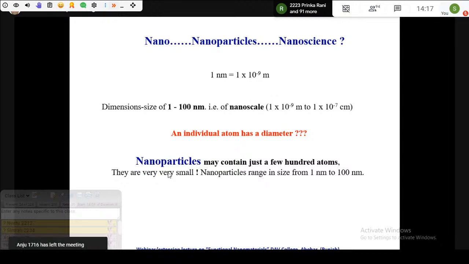So the nanoparticle, what we listen always, nanoparticles, it means few hundreds of atoms. So generally the nano or nanoparticle, nano-dimensional particle, whatever we can define. The word nano means the size ranging from 1 to 100 nanometer.